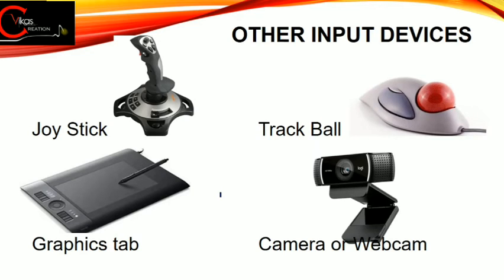It was all about the input devices that we have to learn. Now we have 4 majorly used input devices that you might have used in your daily life. These 4 input devices are joystick, trackball, graphic tab and web camera. Generally for playing games, fine, we have to use this special kind of controller which is termed as a joystick, fine.